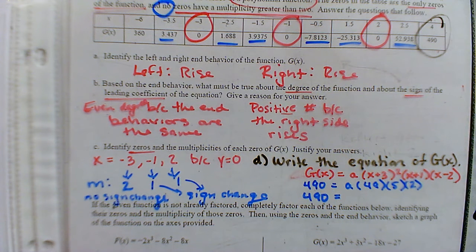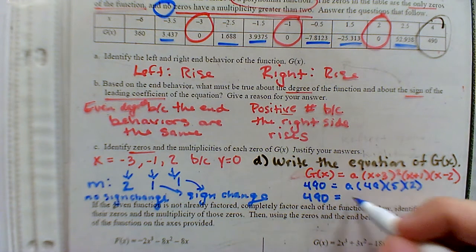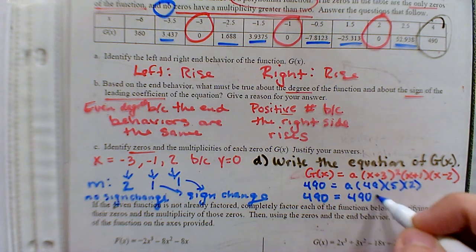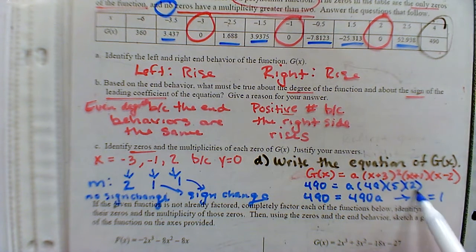Anybody have a calculator handy? If you multiply all those together, it's 490? So then our a value is 1.